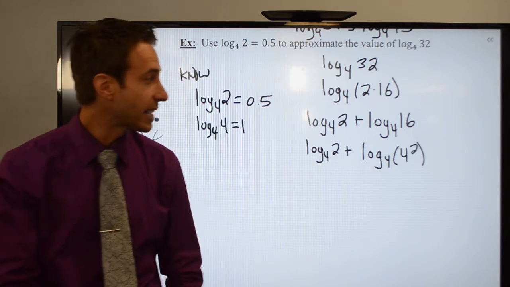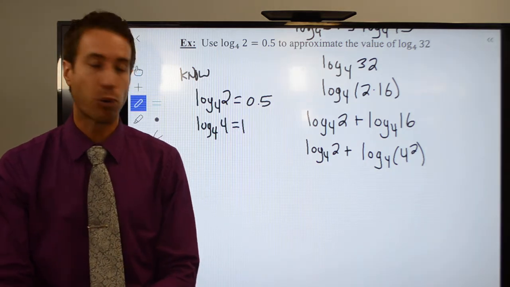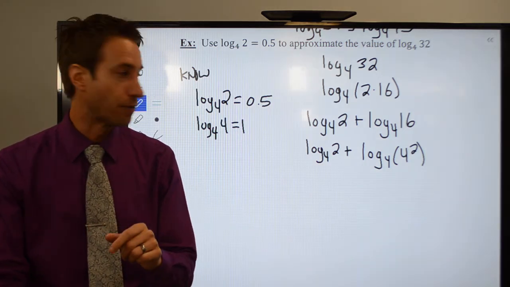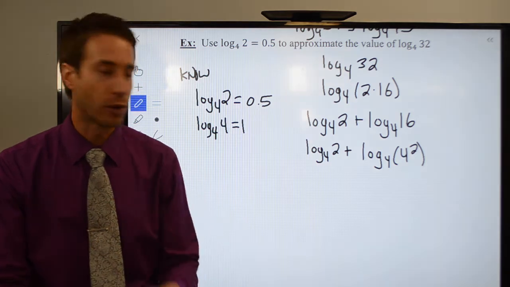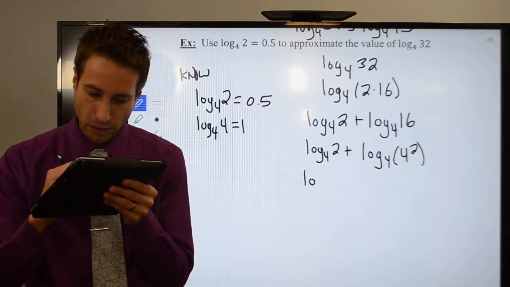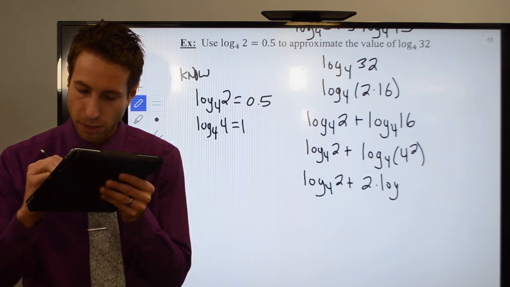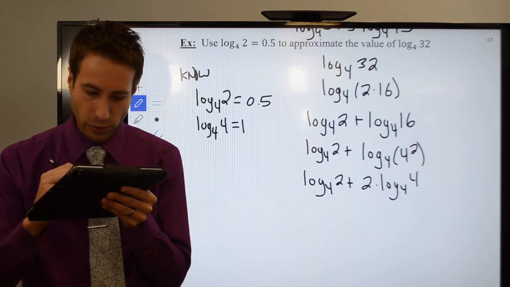And once I rewrite that 16 as 4 squared, I should immediately recognize, hey, that's my power property for logarithmic functions. So I'll just drop that 2 out front as a coefficient. Log base 4 of 2 plus 2 times log base 4 of 4. And so here's what I wind up with.